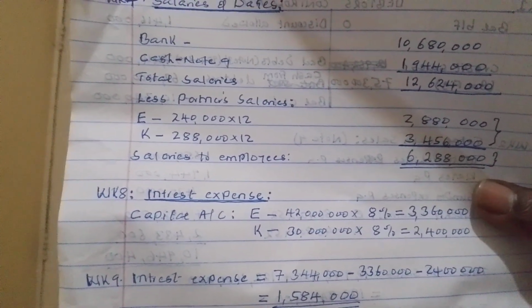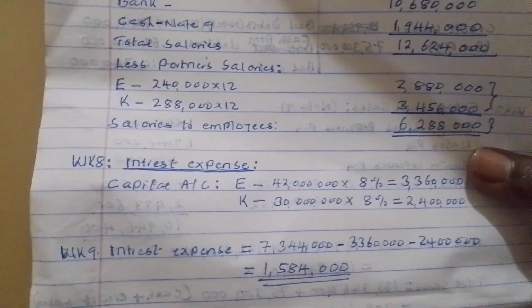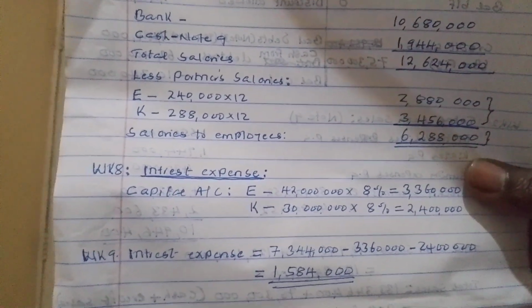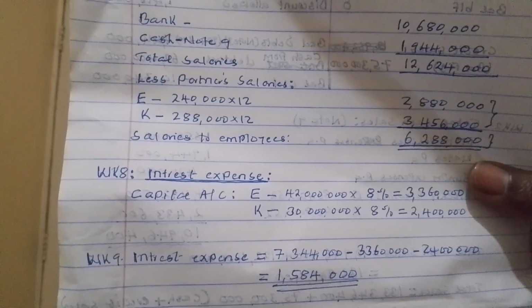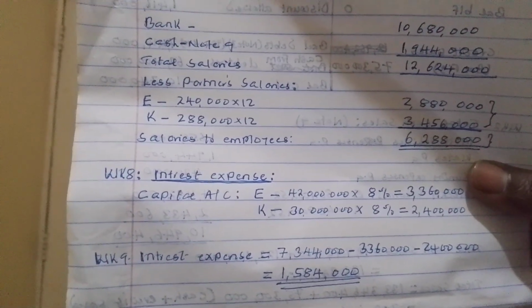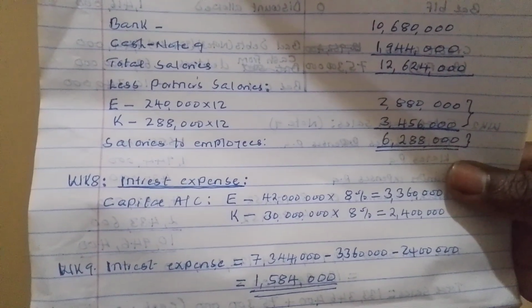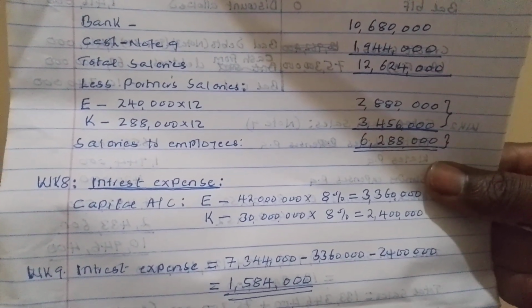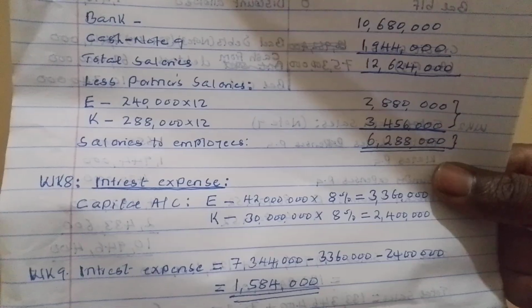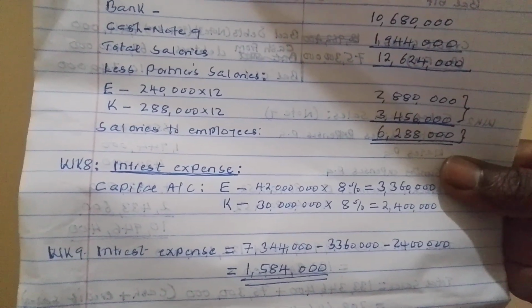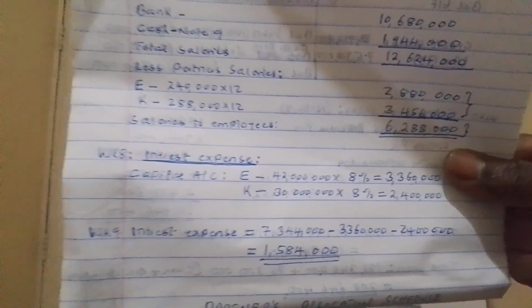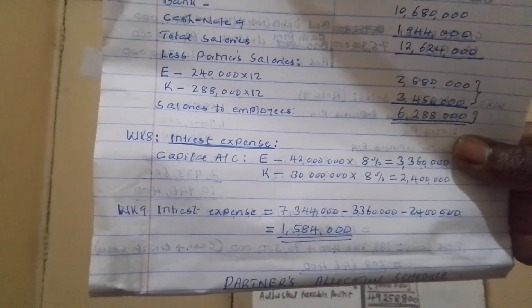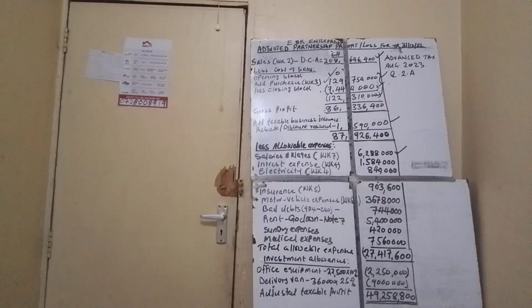So for the purpose of establishing the allowable portion, that is the one for the employees, you less the salaries to the partners, and you are told from the start of the question their salary is 24,000 and 288,000 per month. So you multiply by 12. So salaries to the employees, you are left with 6,288,000. So it is as it appears on the board.